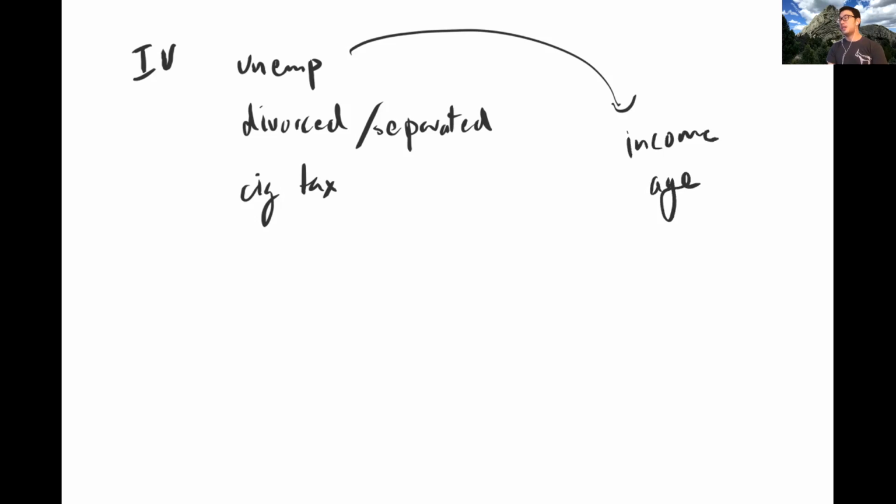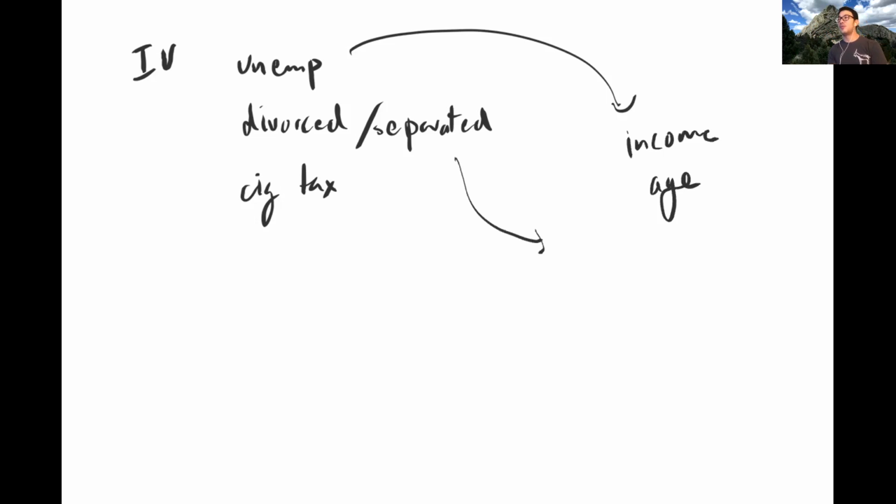And so, you know, maybe younger or older people are more or less likely to be unemployed, right? And so because you've got some relationship there, unemployment is probably not a great instrument.